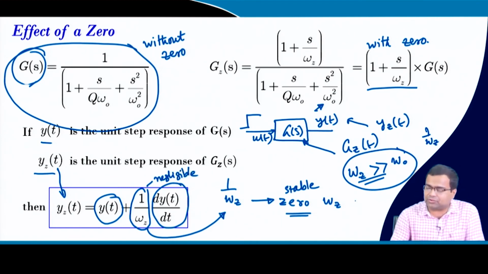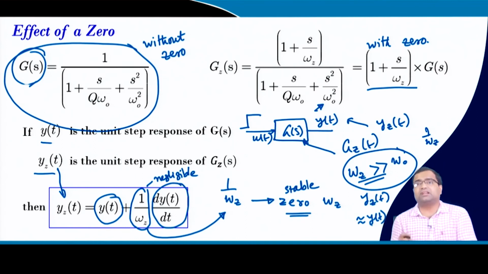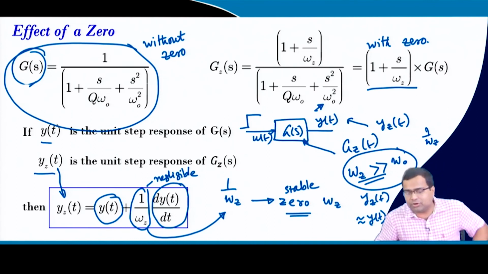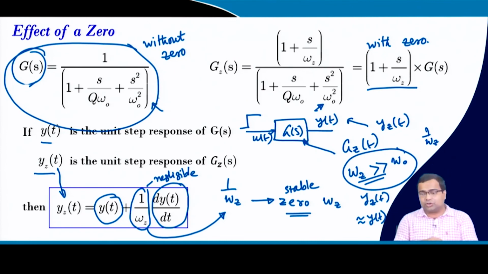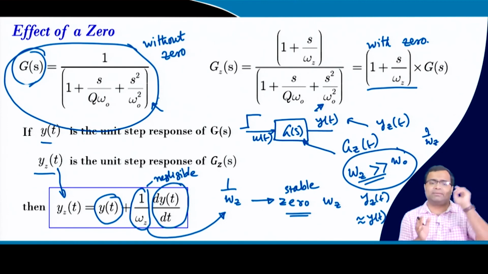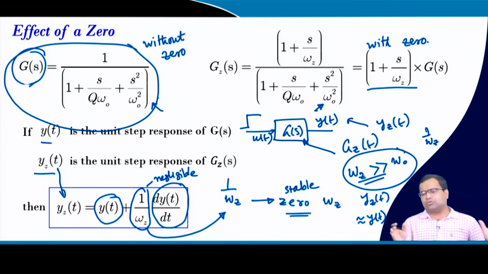In that case y z of t will be approximately equal to y of t. That is why in most control system textbooks we study only the transfer function without 0, because we assume that even though there is a 0, it is located far in the left half plane, either by means of closed loop control or originally. Okay. So then the response will be almost identical.